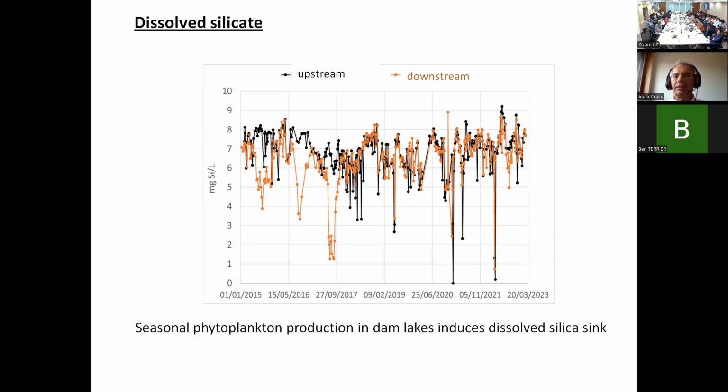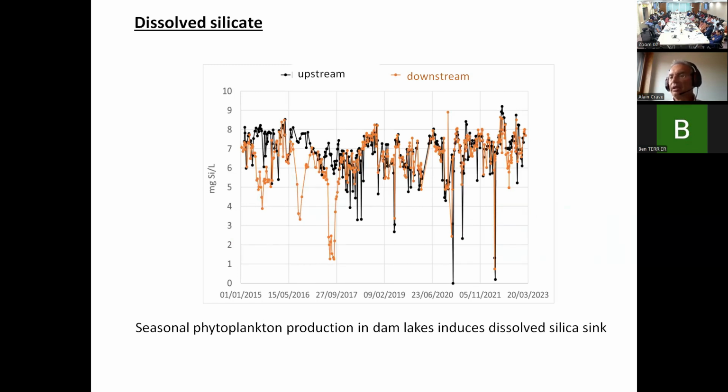Again, in dark, you have the upstream value, and in orange you have the downstream value. And what you can see is that before the removal of the dam, regularly you have a depletion of the silicate value downstream.